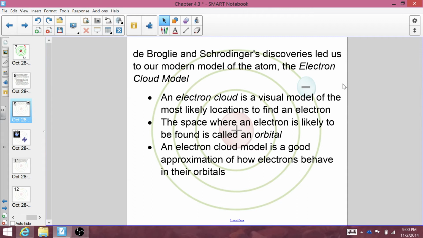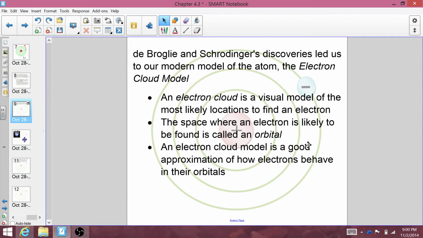And this is really hard for some people to wrap their brains around, but stay with me. So an electron cloud is a visual model of the most likely locations where an electron could be found. So it's not one line that the electron is moving on, it's a space where the electron could be found.